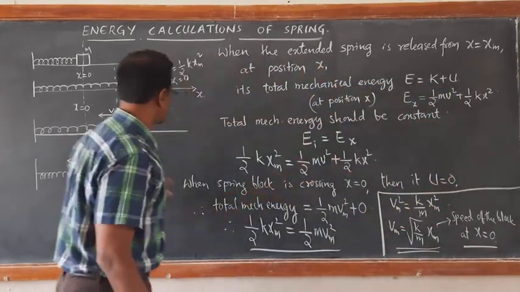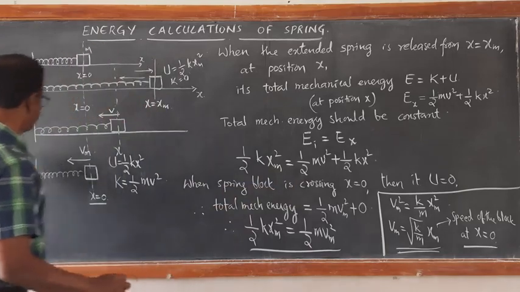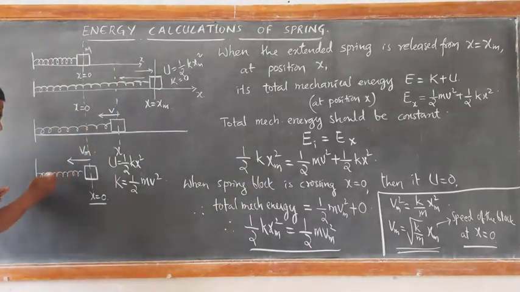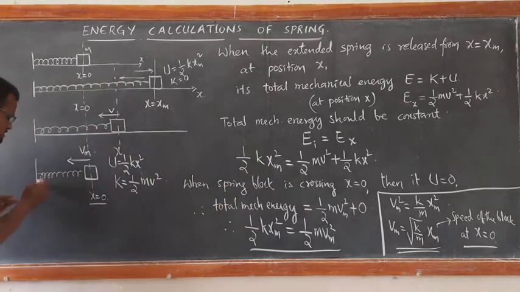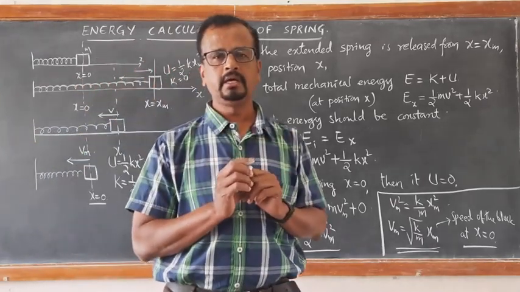Therefore, it will not stop at this position. When it goes on the other side, the block will compress the spring at the extreme position at minus xm. It's going to stop.